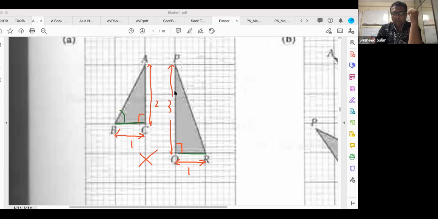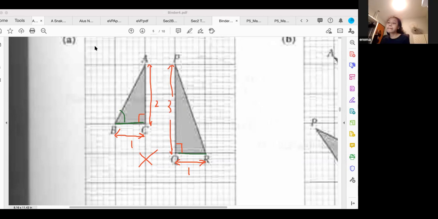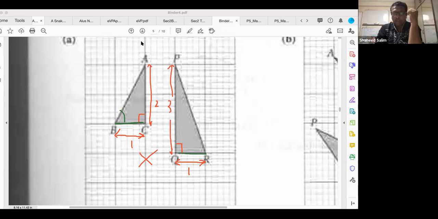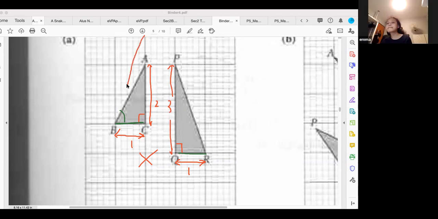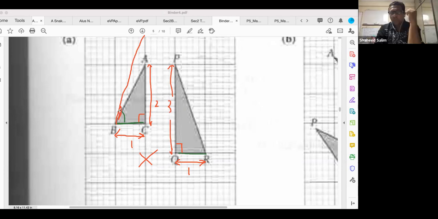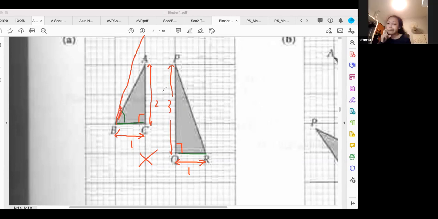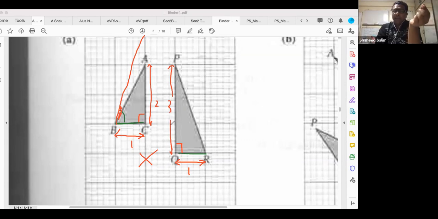This is 1, 2, 3. So I try to go up here, 1, 2, 3 from here. When it goes down here, can you see the angle is slightly more? So we know the angle is not the same. Neither is the ratio the same. So either one. Once you find something to show that the angle is not the same, that's it.